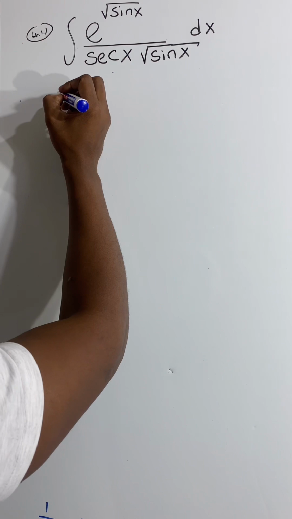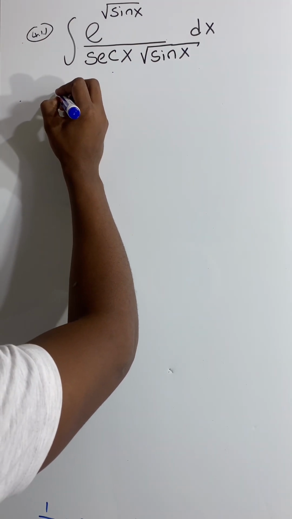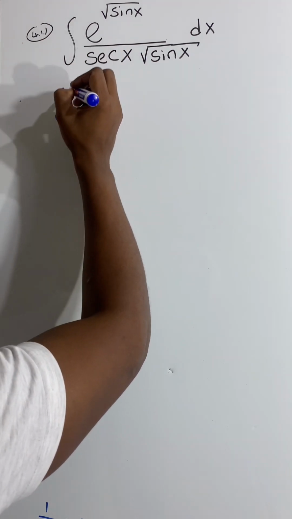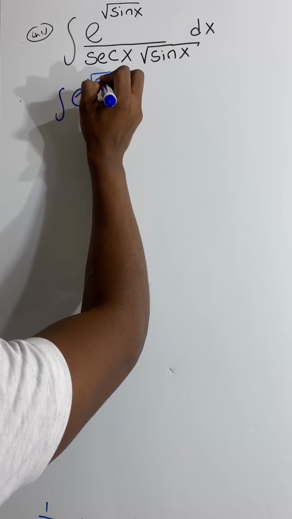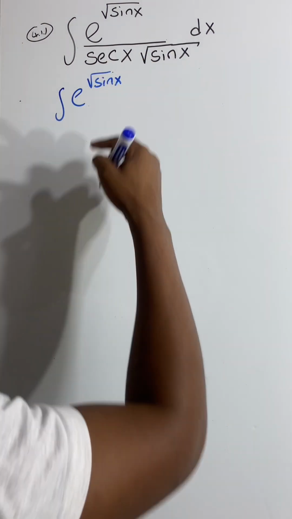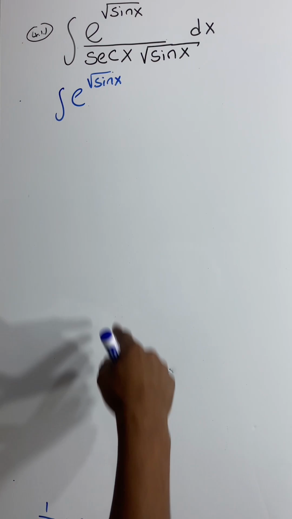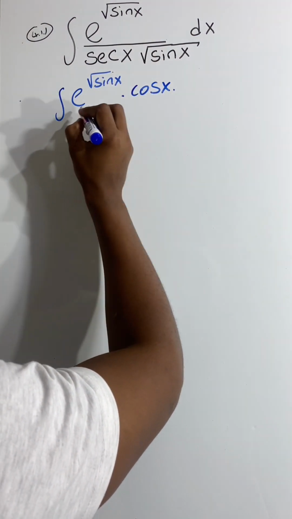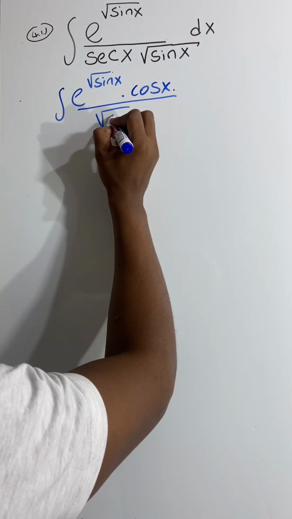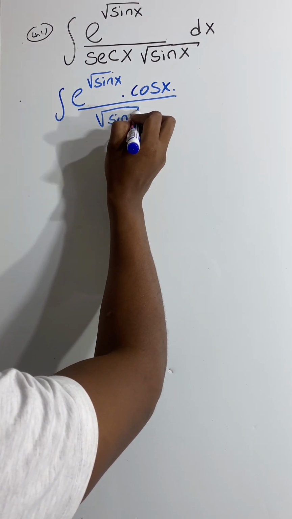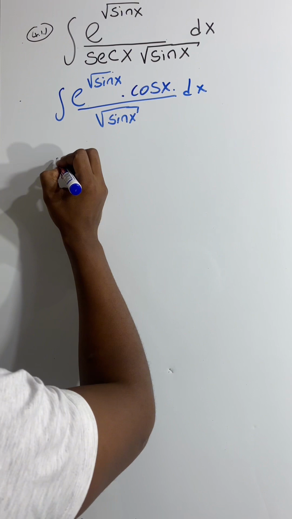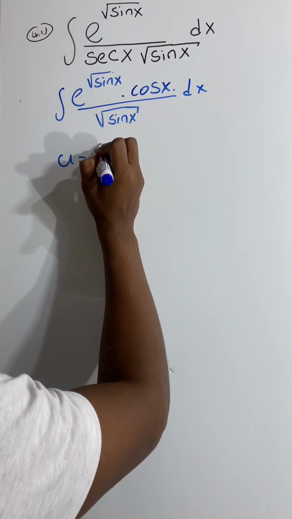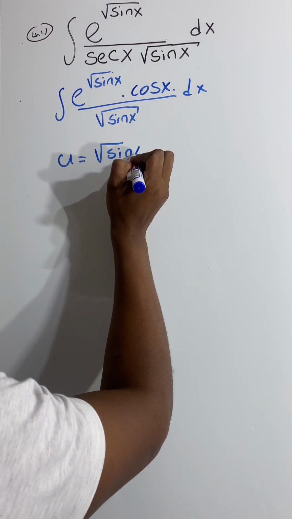In the memorandum, they actually let, so let's substitute the cos x for 1 over sec x. In the memorandum, they let u equal the square root of sin x.